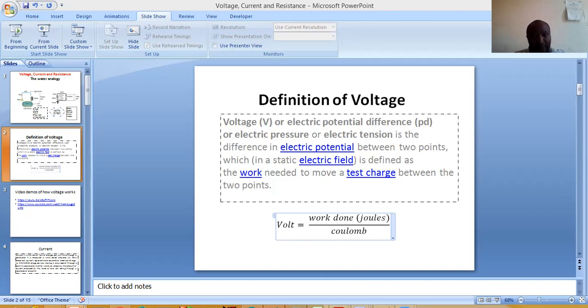So a voltage source like a battery is generating the energy, and a load is absorbing that energy. So the rate at which you are either generating or absorbing electrical energy is what we refer to as power. We measure power generally in the unit referred to as watts.